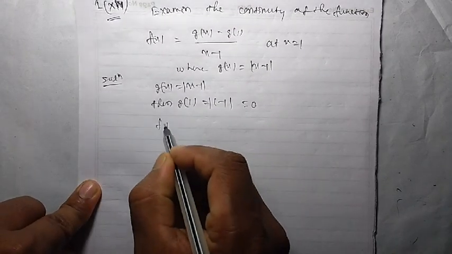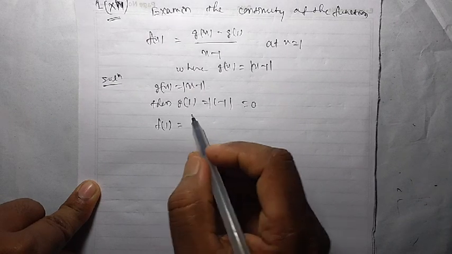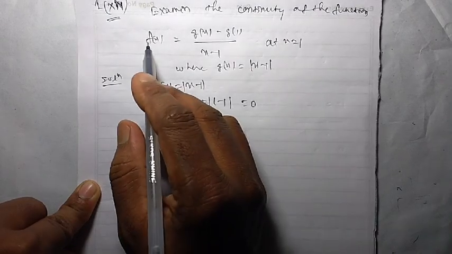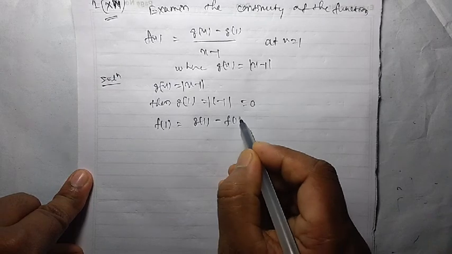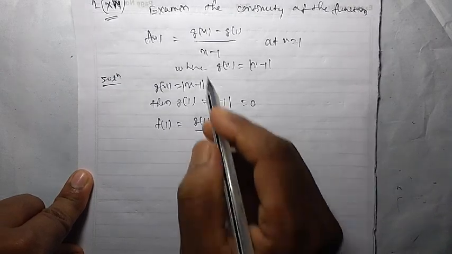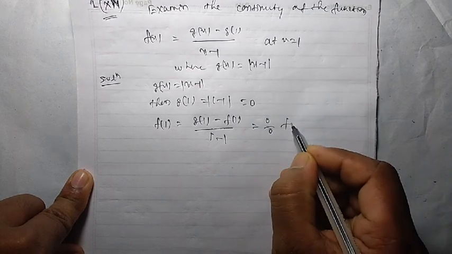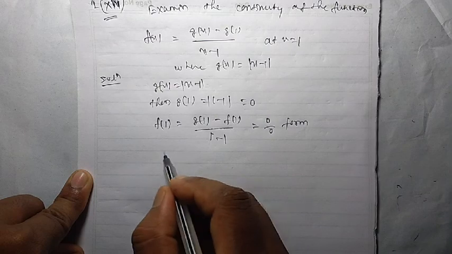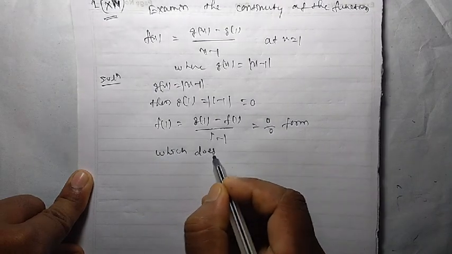F of 1 is g of 1 minus g of 1 by 1 minus 1, that is 0 by 0, which is undefined, that is, which does not exist.